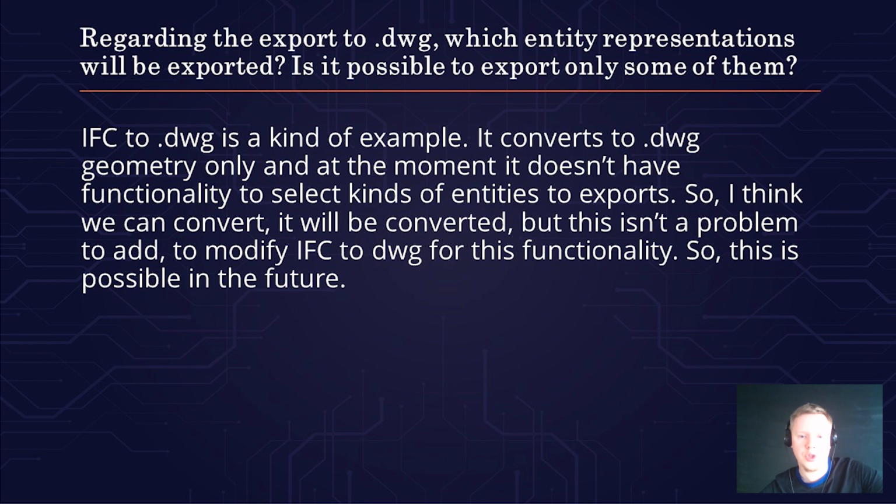It converts to DWG the geometry only, and at the moment it doesn't have functionality to select kinds of entities to export. So everything we can convert will be converted, but it isn't a problem to modify IFC to DWG to add this functionality. So this is possible in future.